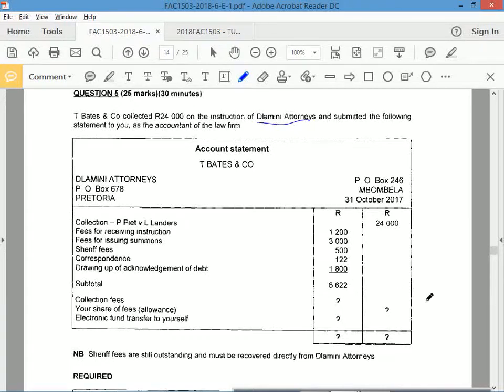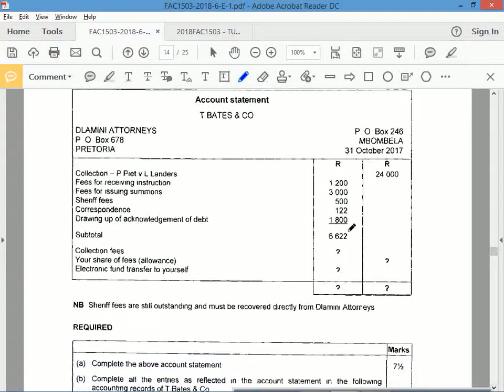Okay, let's read what we've got here. So the first thing, whose account statement is this? That's important. This account statement belongs to the instructed attorney, Bates and Co. This is their account statement. They're giving this to who? Glamini, the instructing attorney.